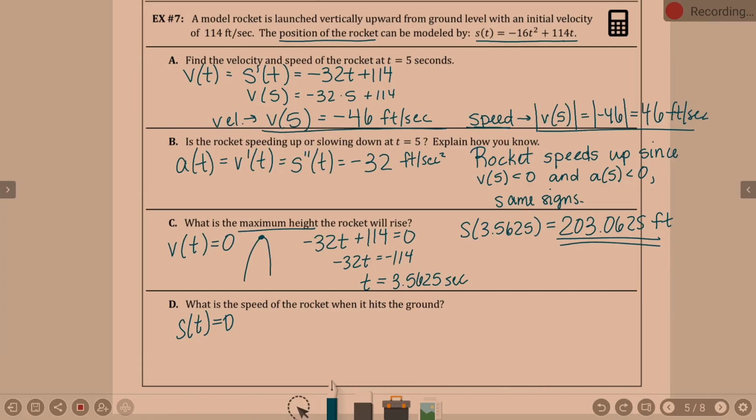Now, with that in mind, so negative 16t squared plus 114t equals 0. And I'm not disagreeing with the doubling. Okay, this is just my official term. Well, okay, so good news is there's usually a GCF. Oh, actually there's not here. I was going to say there's usually a GCF of 16 in these, but there's not. We need GCF. They're both even.